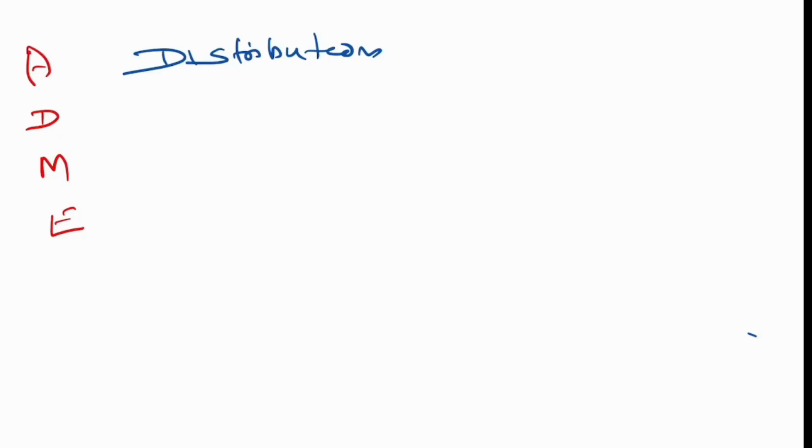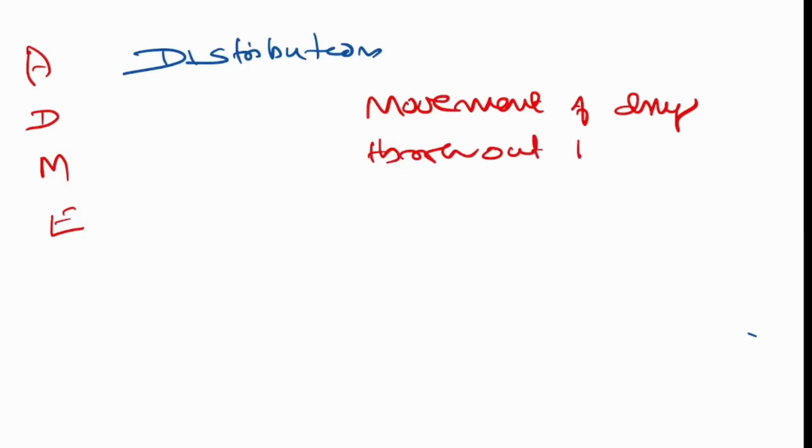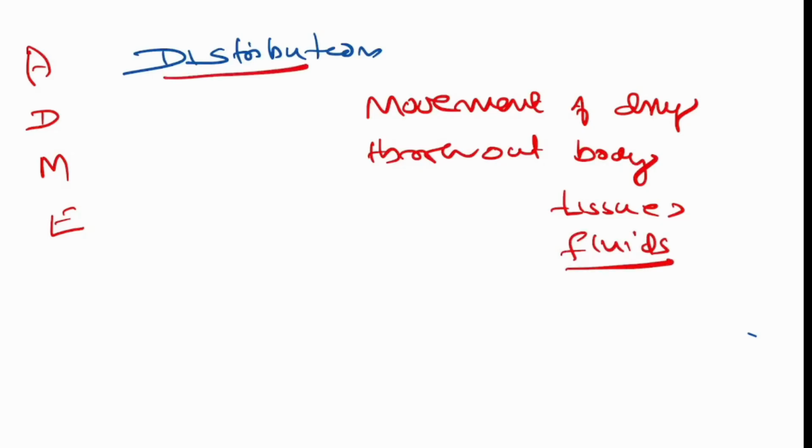By definition, it is the movement of drug throughout the body, in the tissues and body fluids.